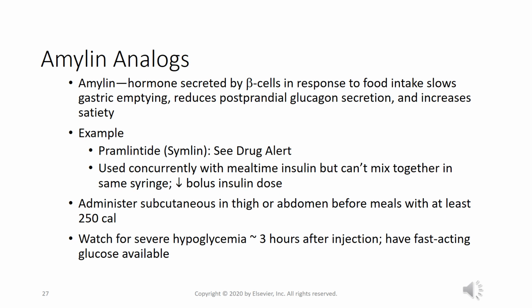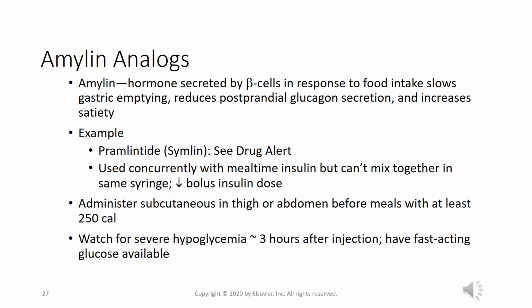The last class is amylin analogs. The one example would be pramlintide. It is a non-insulin injectable. It does slow gastric emptying. Again, patients have decreased oral consumption. It reduces that postprandial glucagon secretion. This is not used as much.